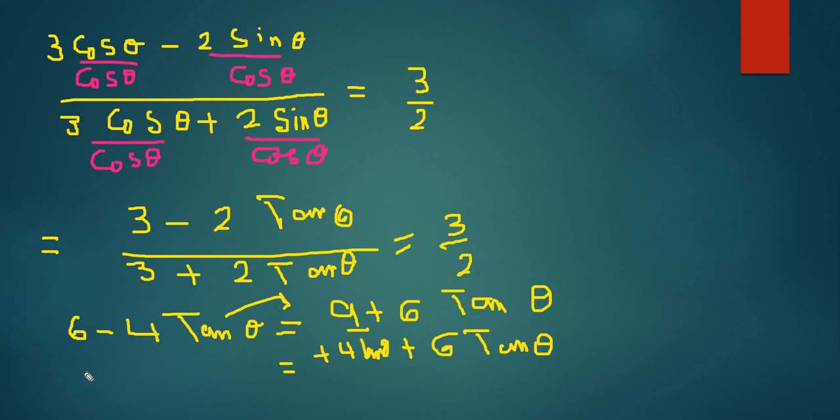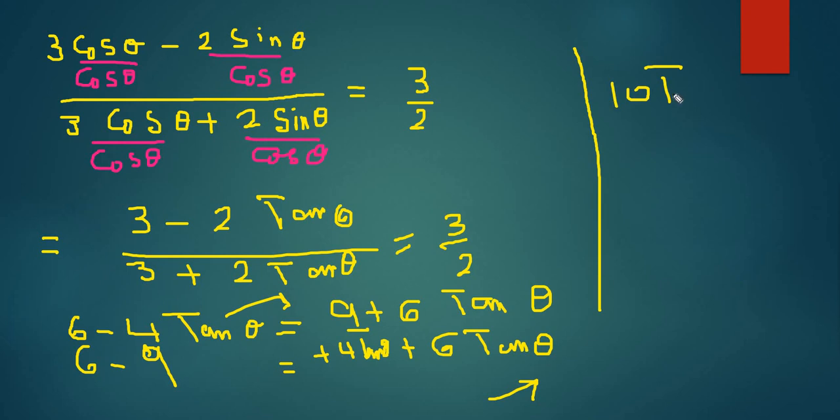On the left hand side, 6 minus 9. The result is 10 tan theta equals negative 3. Dividing both sides by 10, we get tan theta equals negative 3 over 10. That's the final result.